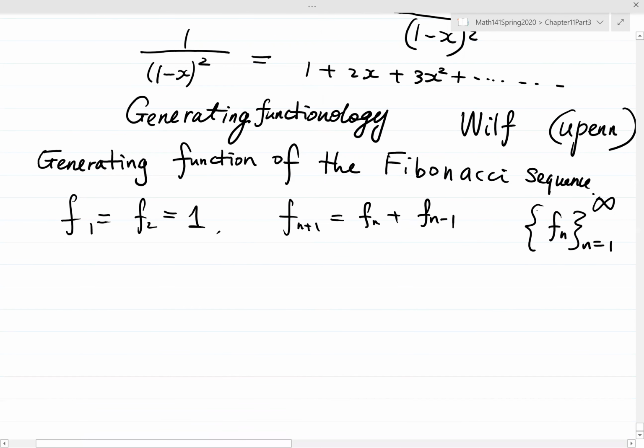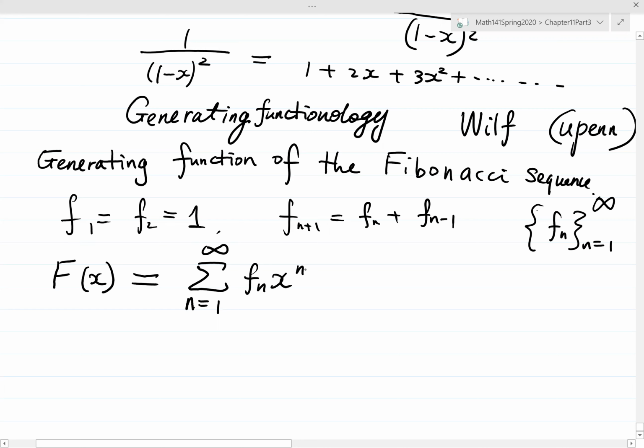Then we try to find the generating function of the Fibonacci numbers. Let's use capital F, since everything here is special to the Fibonacci numbers. G(x) is the sum from n equals 1 to infinity of F_n x to the power n.